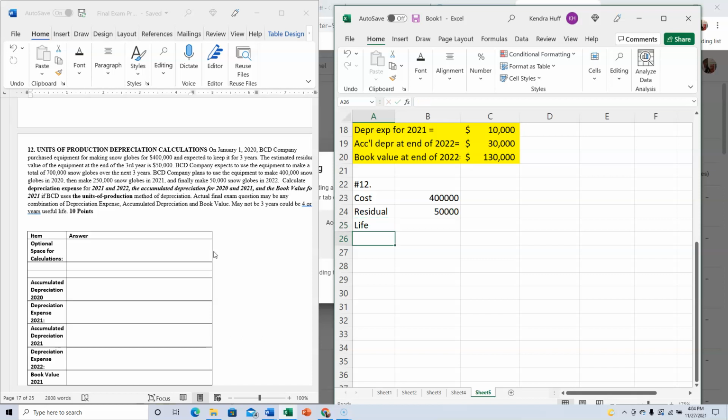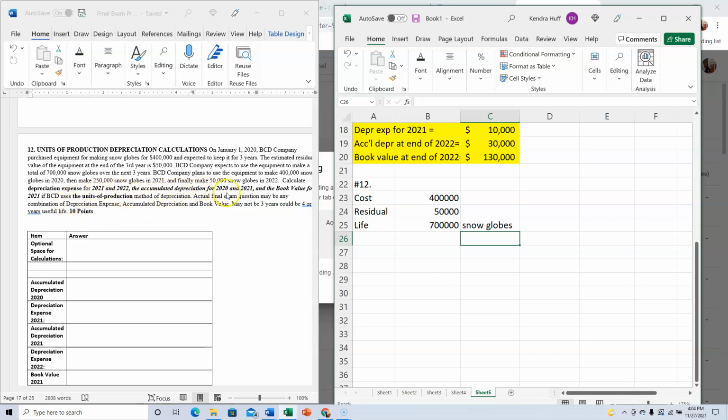Life is 700,000 snow globes. All right, plans to make 400 snow globes in 2020, 250,000 snow globes in 21, and 50,000 snow globes in 22. Calculate depreciation expense for 21 and 22.